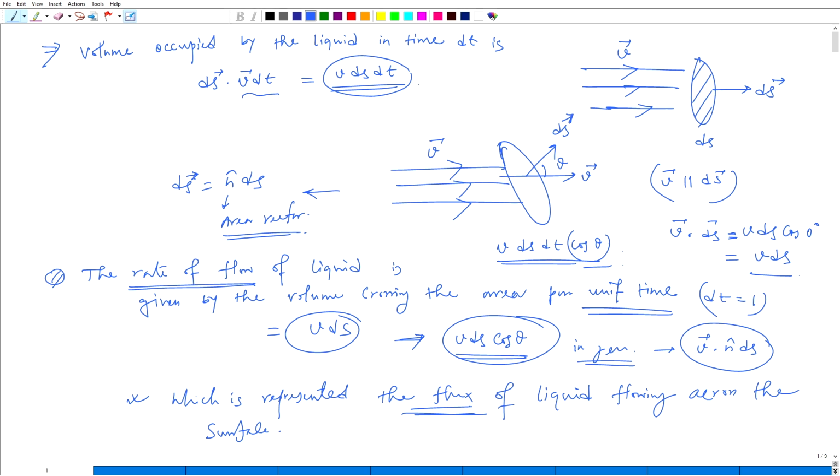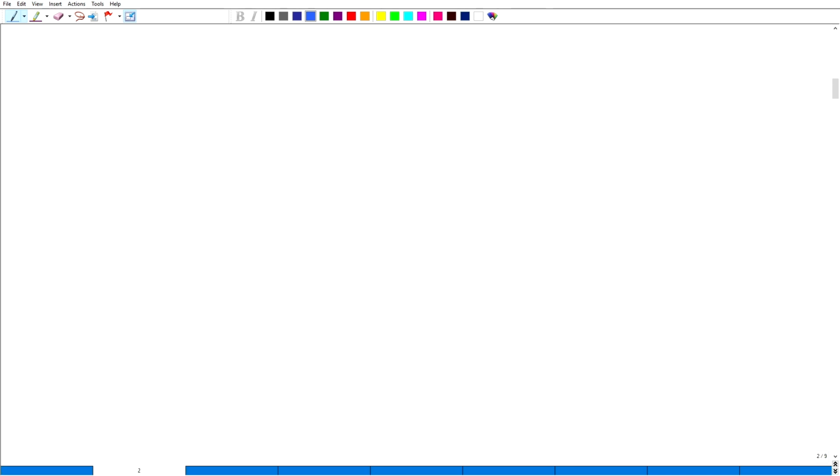Next, in the case of the electric field, instead of fluid, we define an analogous quantity called electric flux.